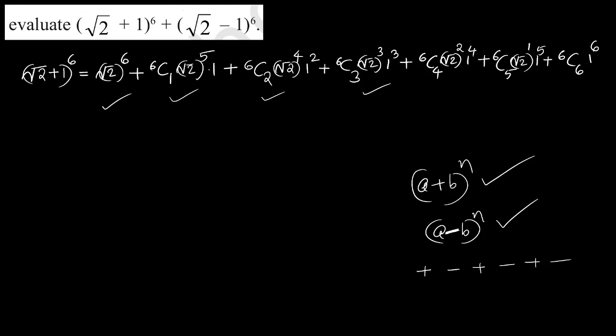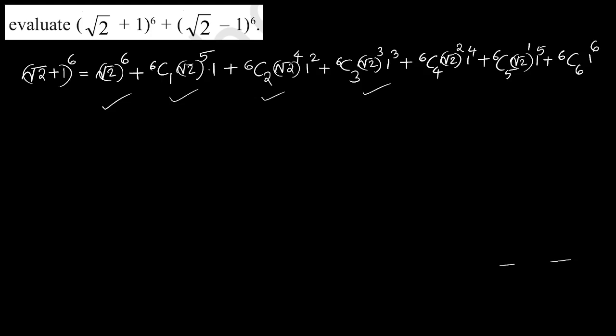So you just simply copy the expansion of (root 2 plus 1) raised to 6. You will get (root 2 minus 1) raised to 6. Only thing is the sign to be changed alternately. So below this I want to write the expansion of (root 2 minus 1) raised to 6.